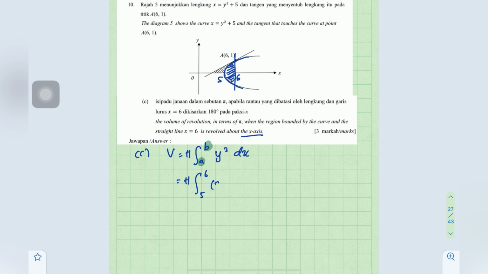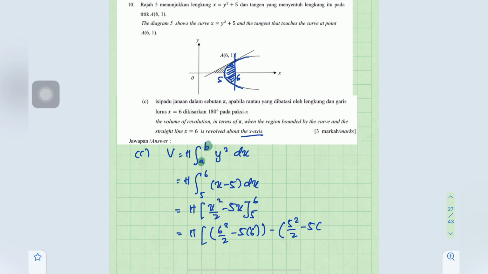Y squared is x minus 5 dx. So we integrate, so dapat x squared over 2 minus 5x. Okay, so this one kita substitute upper limit. 6 squared over 2 minus 5 times 6 tolak dengan 5 squared over 2 minus 5 times 5. Okay, so this one equals to 1 over 2 pi.